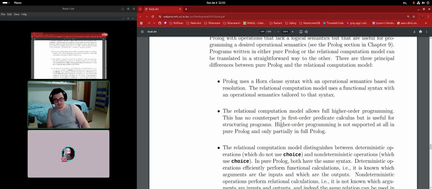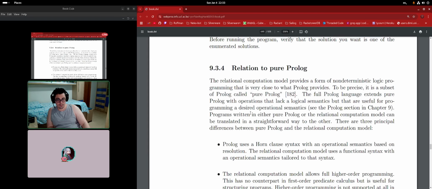Yeah, but so far, the only difference I can see between relational programming and logic programming is the high order predicates. Oh, keep in mind, this is not talking about relational programming in general. This is talking specifically about this relational computation model of the book, right? No, but it talks in an abstract way.